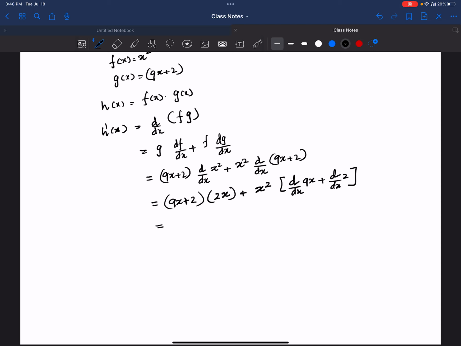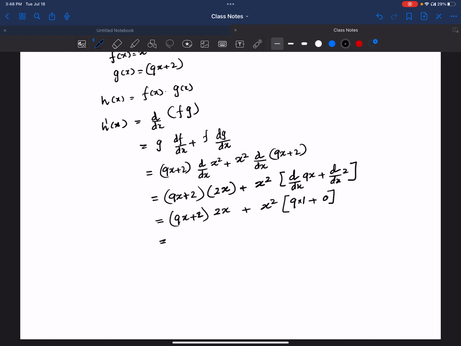And then we have 2x times (9x plus 2) plus x squared times 9 times d over dx of x, which is 1, plus 0.